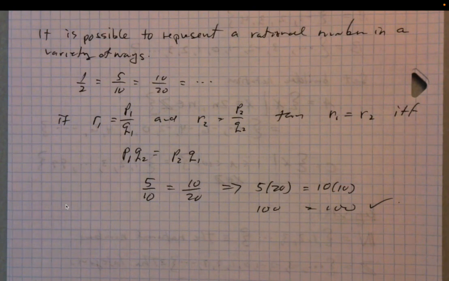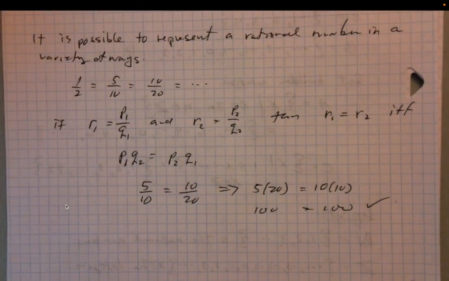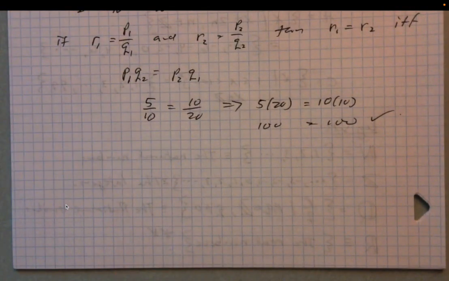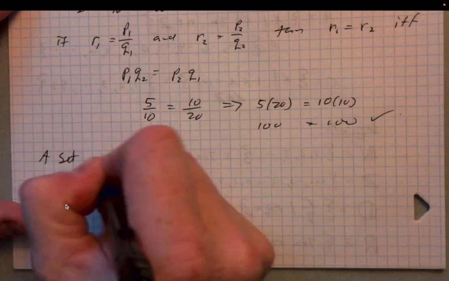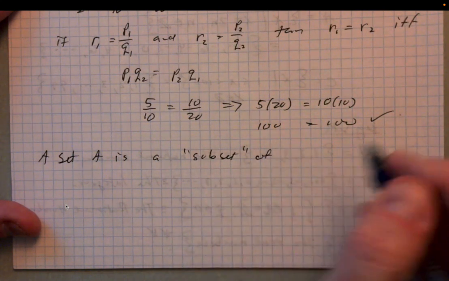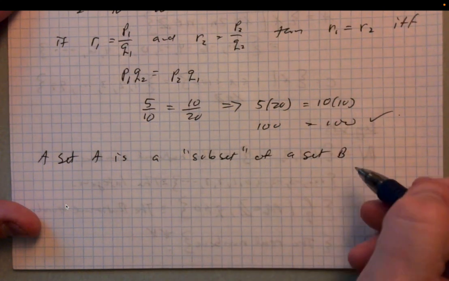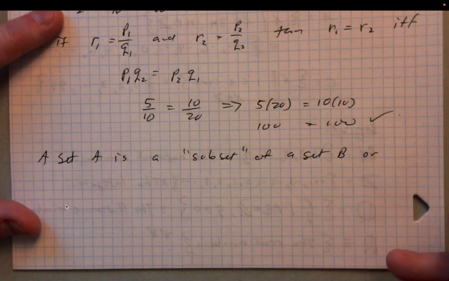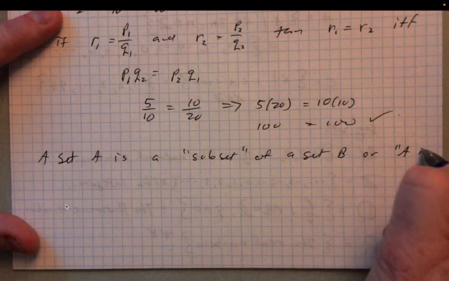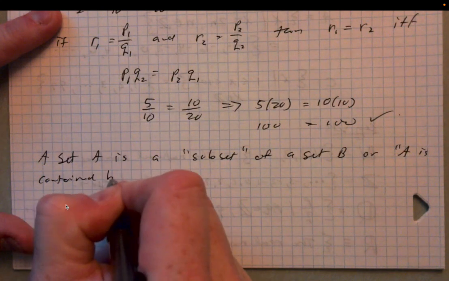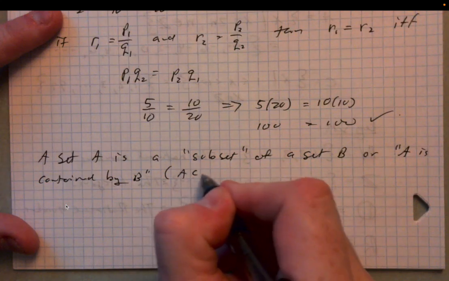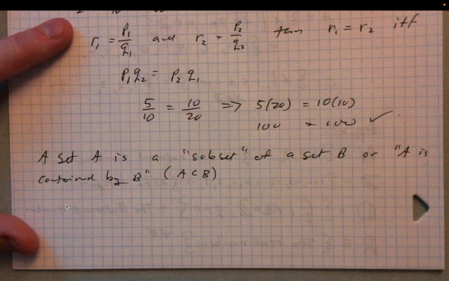Let's talk next about sets a little more. Let's talk about the concept of a subset and containment. We say that a set A is a subset of a set B, or we might say A is contained by B. We usually write it with notation we've already used above.